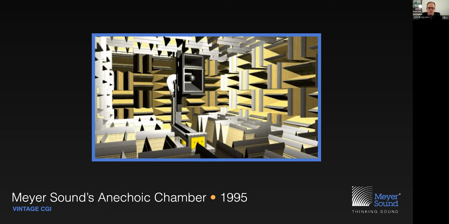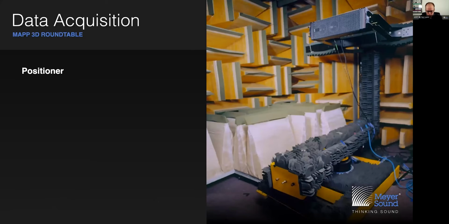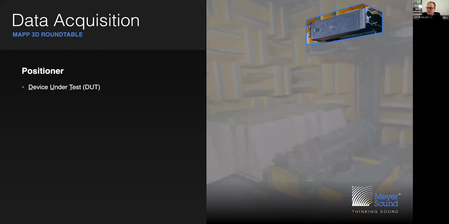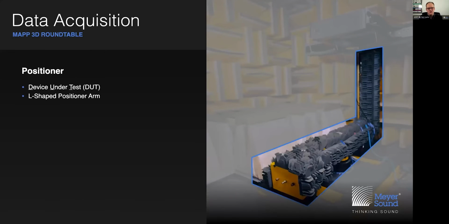And this is also with all the data that was coming out of this anechoic chamber. All that data needed to be visualized one way or another. And that basically constitutes the inception of MAPP. Now here we see a close-up photo of the positioner. It houses a loudspeaker, which we call the device under test, and the arm has two servo motors.